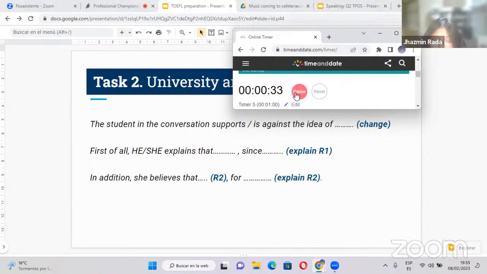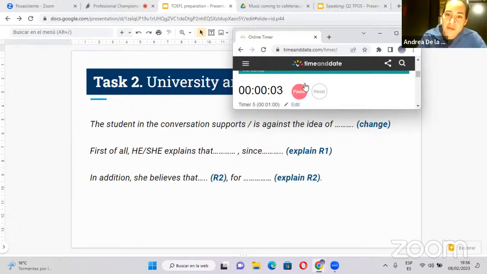In addition, he believes that people won't like it, because they use this place for relaxing and having contact with nature, and those are the reasons why he's against that idea.